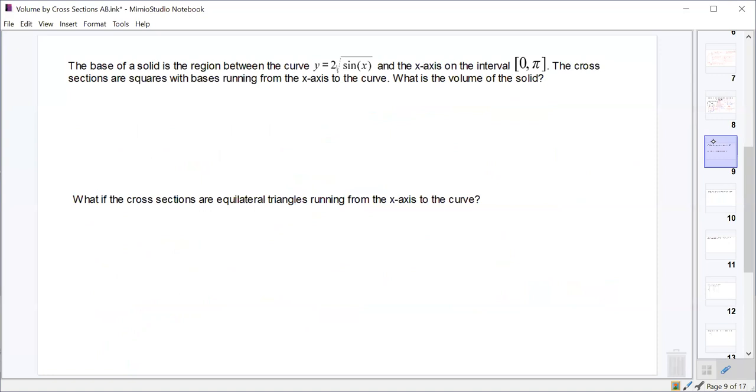Every cross-sectional volume problem that you will see will be oriented so that the base of what you are looking at is some function in the xy plane, and the cross sections will be coming out towards you.